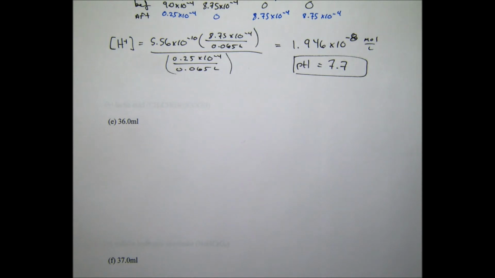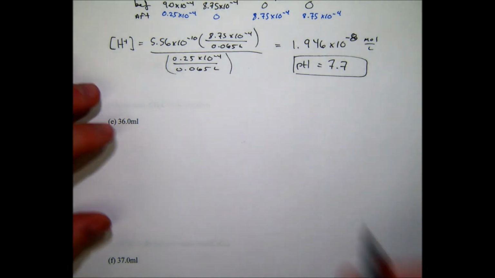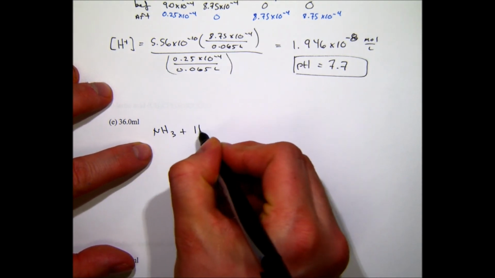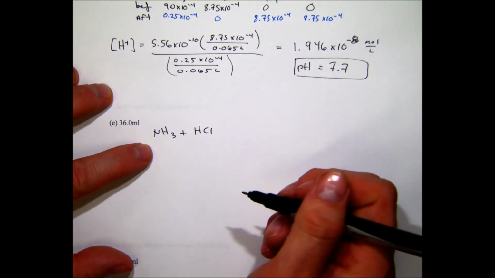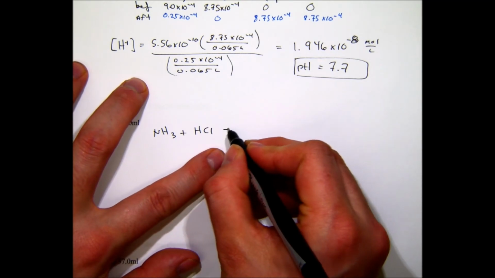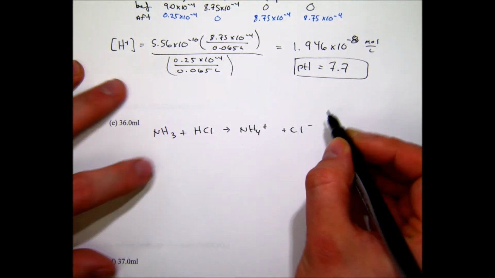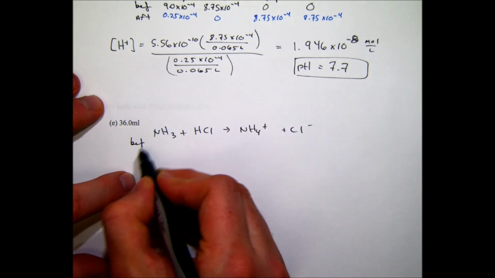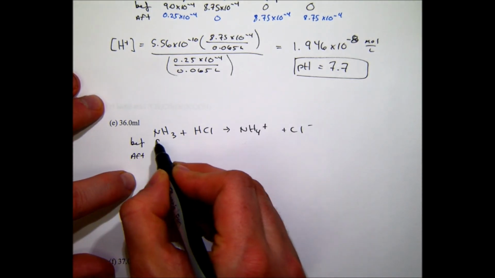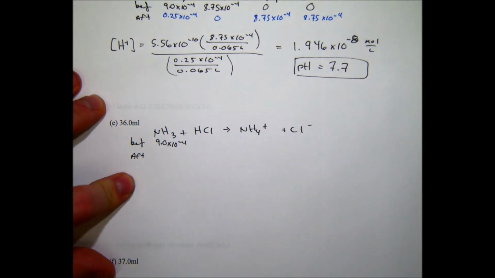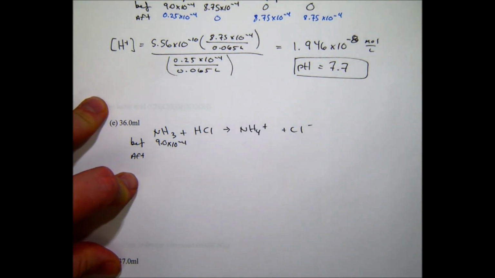So now we move on to 36 milliliters, which is a number that was picked because this is probably the equivalence point, because we're getting very, very close above. So we do our before and our after. 9.0 times 10 to the negative 4. If we recalculate 36 milliliters times the concentration of HCl, you will find that this is the equivalence point.